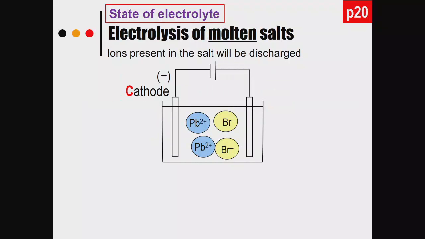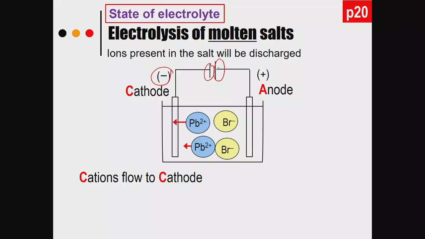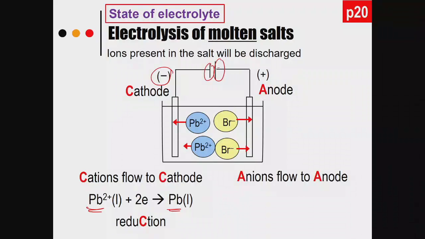So the negative electrode is negative, the positive electrode is positive. Your lead 2+, which is the cation, will be attracted to the cathode, and hence it will undergo reduction. That is the only cation in the electrolyte. Then for the anion, for your anode, only the bromide ion can be attracted to your anode because there's only bromide ion there. So your bromide ion will undergo oxidation to become bromine.